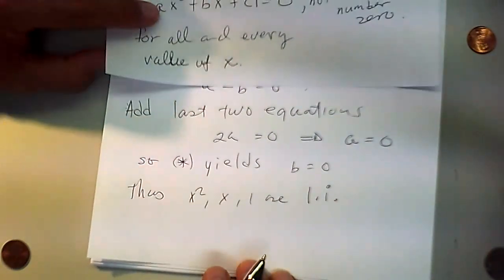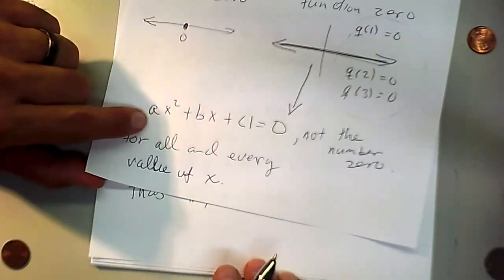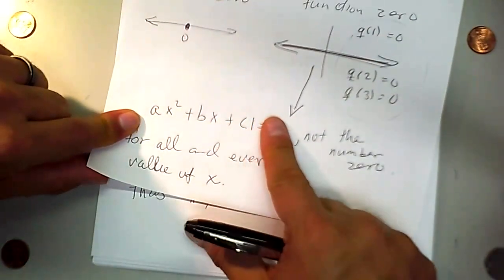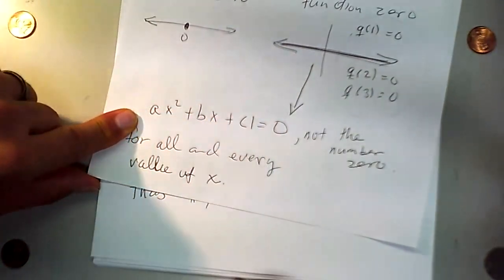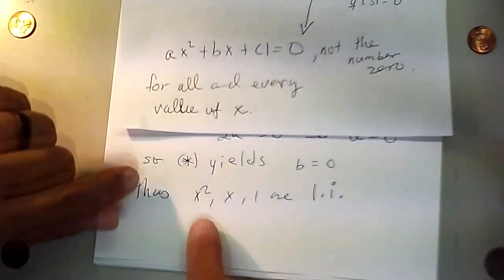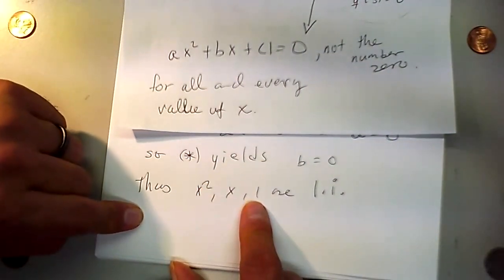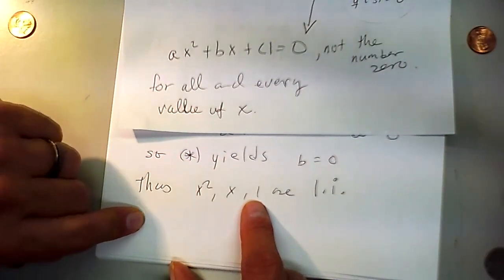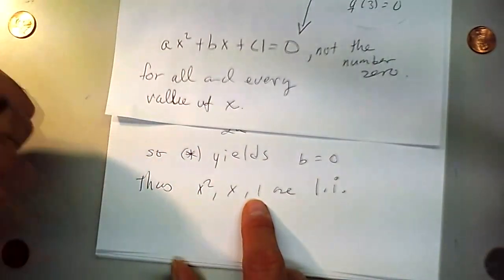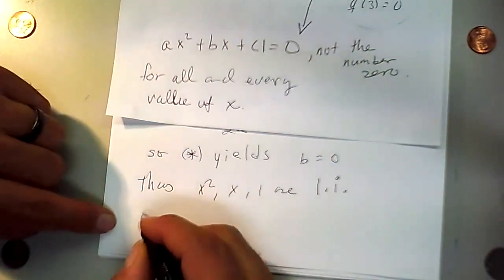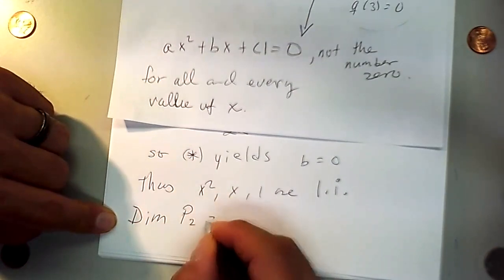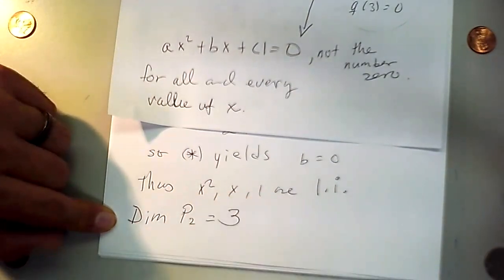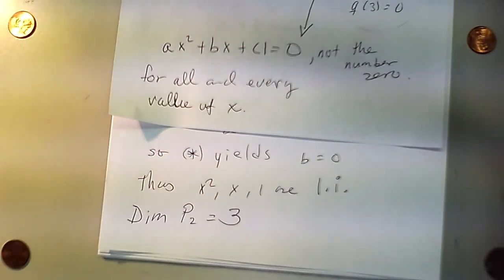And then any quadratic polynomial can be written in this form precisely, without the 0, of course, but every polynomial of degree 2 is precisely ax squared plus bx plus c. So that means that those three are linearly independent, and they also span all of the polynomials of degree 2, and consequently the dimension of P2 is equal to 3 because we need 3 elements to span, while those 3 elements are linearly independent.